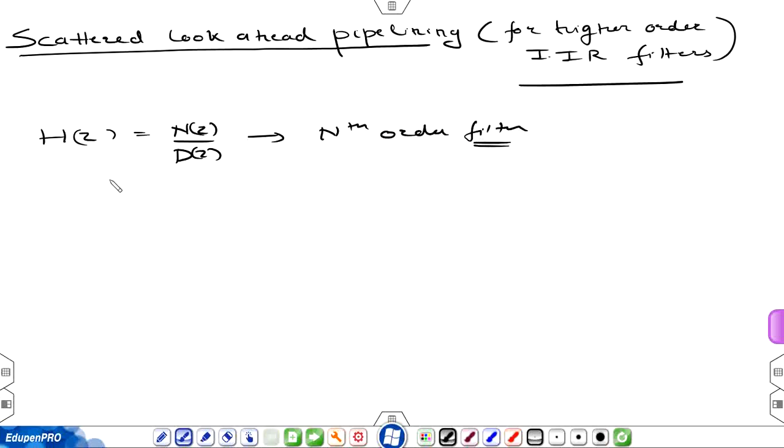Okay, so the idea is to transform the denominator.